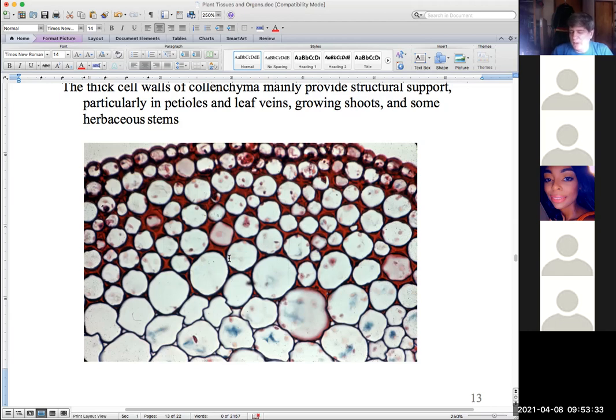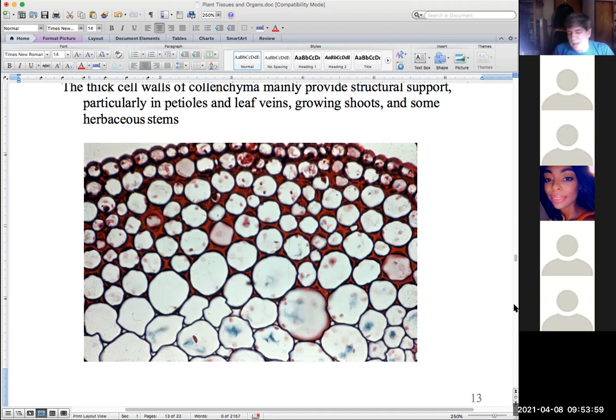And we want the petiole to have a little bit of rigidity to it so that it holds the leaf up into the sun. We don't want all the leaves to be drooping towards the bottom of the plant. So when we look at this, we see these unevenly thickened cell walls. This is a giveaway that we're looking at collenchyma.